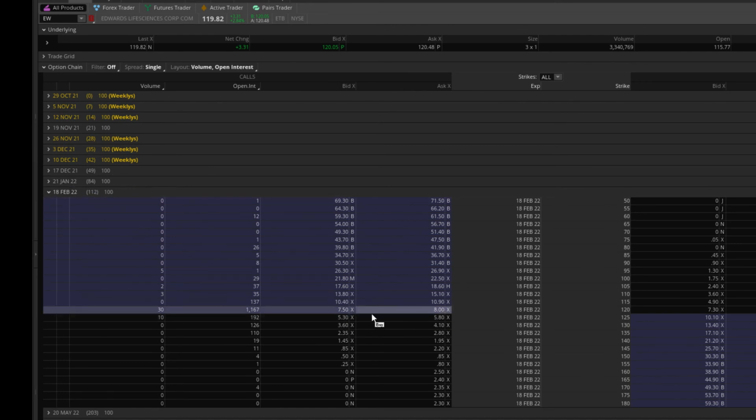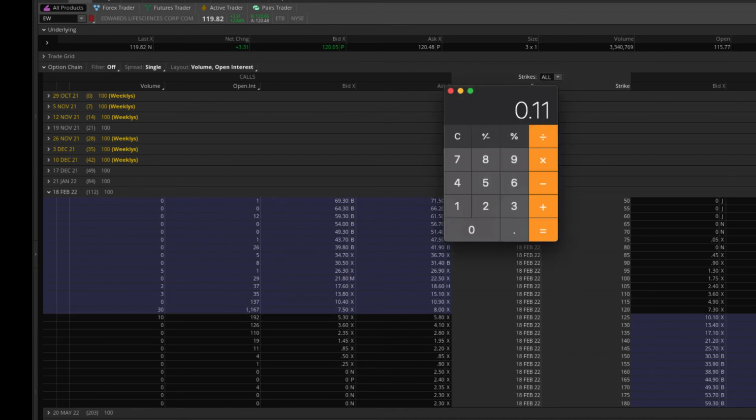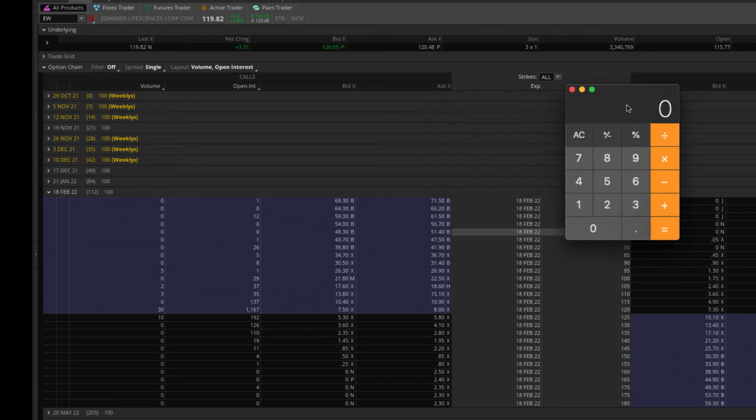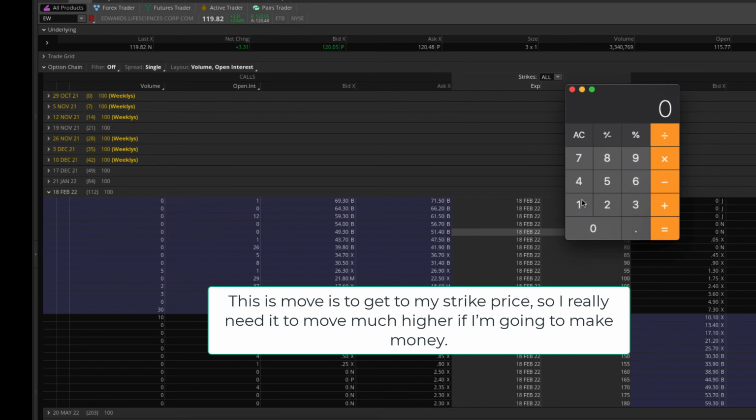And this price is 125. The stock is at 119.84. So I'm asking the stock to move about 5%, which isn't asking too much of it in 112 days. But remember, I'm only going to be in it for 30 days less than that, so 90 days.